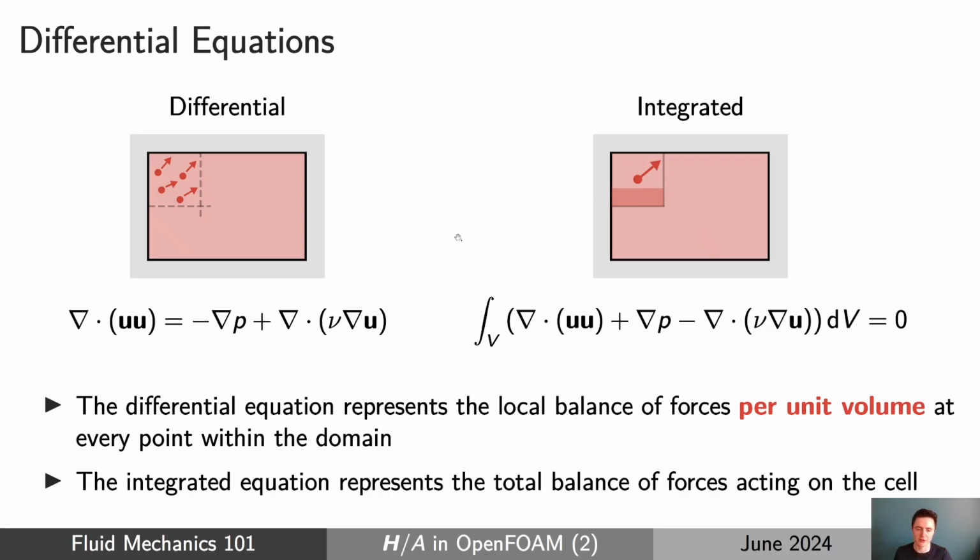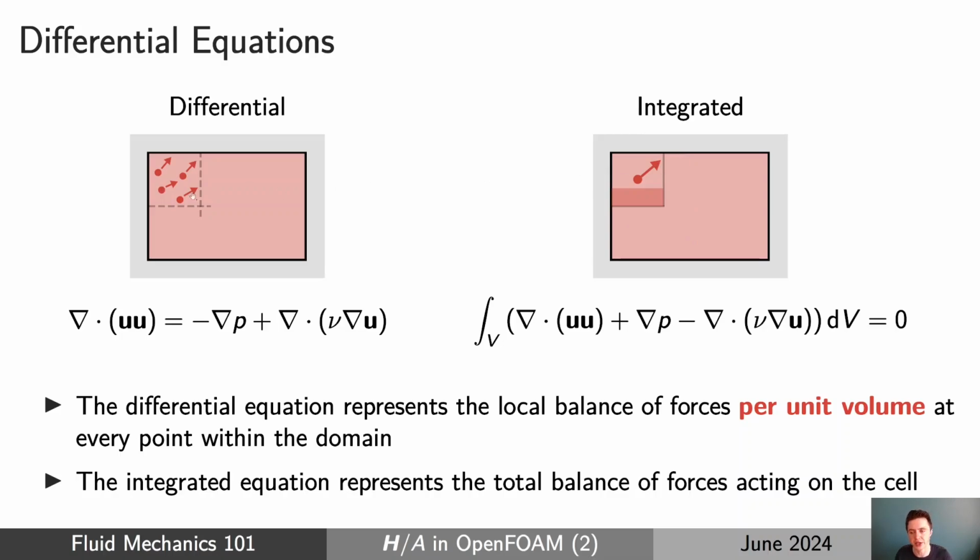And so if we think about the two different forms of our differential equation, when we have the equation written in its differential form, like the Navier-Stokes equations, for example, the Navier-Stokes equations represent a local balance of forces per unit volume at every single point in the domain, whereas when we integrate that equation over the volume of a cell, we now have a balance of total forces acting on the entire cell.